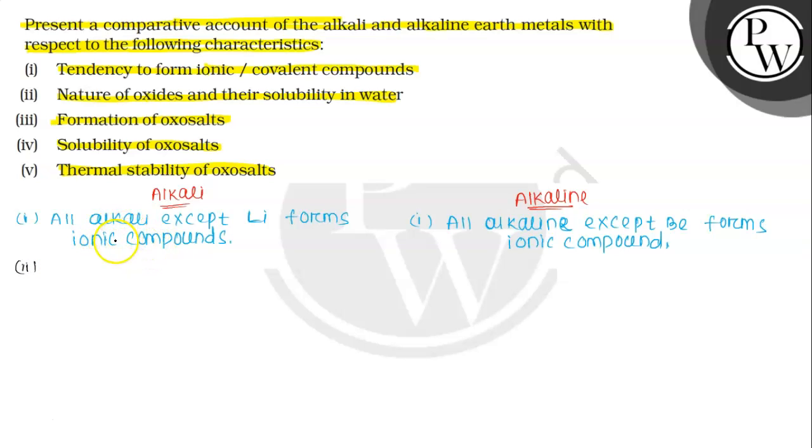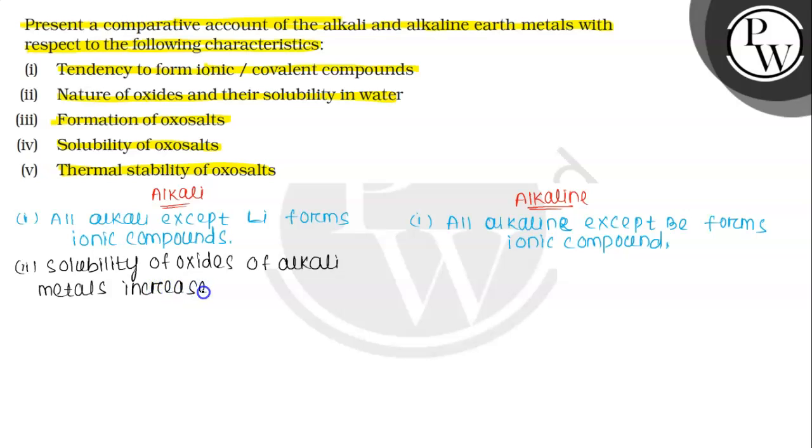The solubility of oxides of alkali metals increases down the group, as the thermal stability decreases.